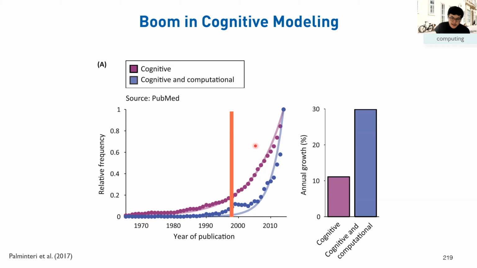But if you look at the rate of increase per year, the increase is a lot larger in the blue color, which combines both cognition and computation. Here, these are the annual growth rates. The cognitive papers grow at around 10%, while the ones together with modeling have quite a high annual growth rate, nearly 3 times the rate of cognition per se.